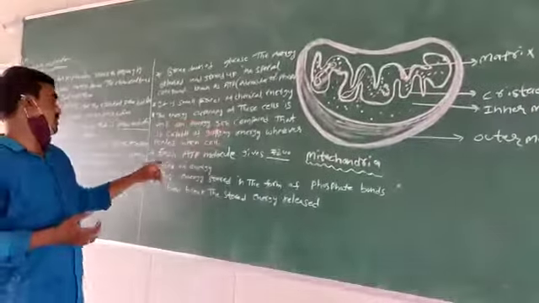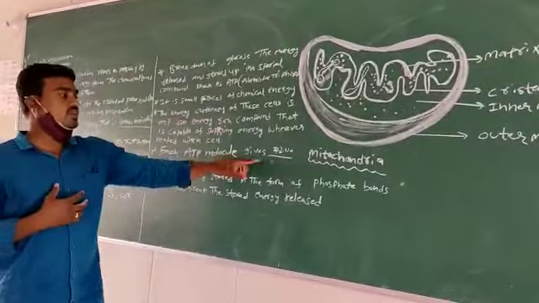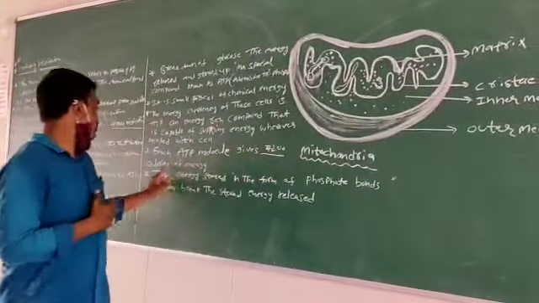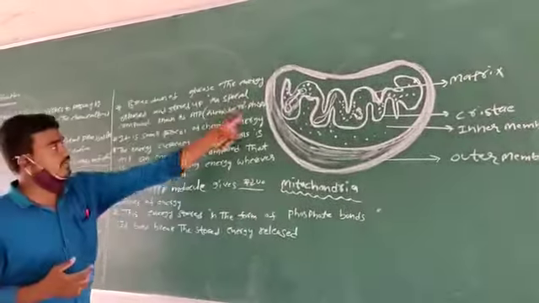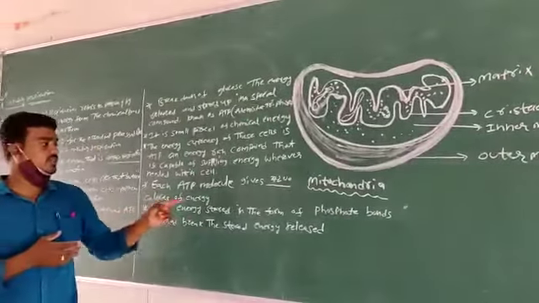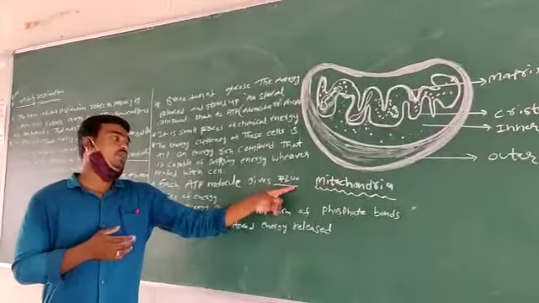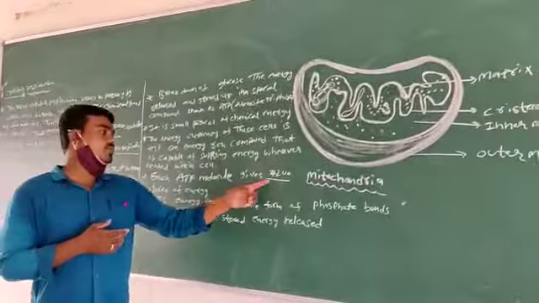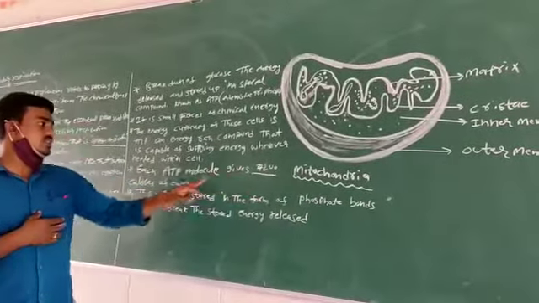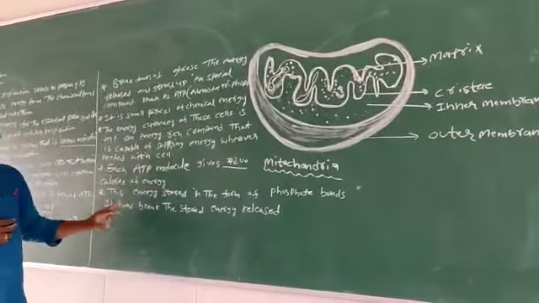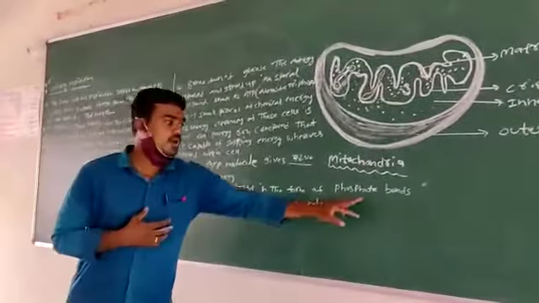Each ATP molecule gives 7200 calories of energy. Each formation of one ATP gives 7200 calories. It is most important for objective type questions in competitive exams. This energy is stored in the form of phosphate bonds.